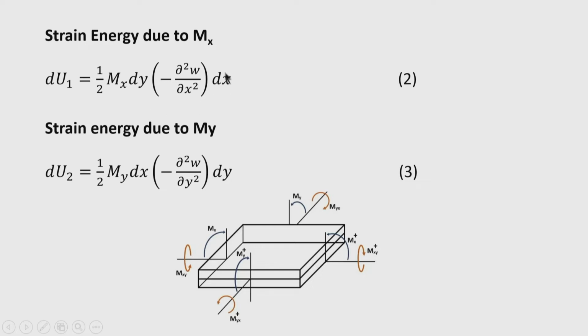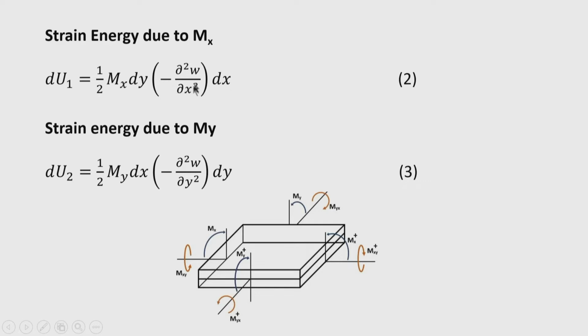The change of the slope, if it is del w by del x at one edge, will be del w by del x plus del by del x of del w by del x at the other, so naturally this quantity comes here. The minus sign is taken because with the increase of deflection the slope value decreases.